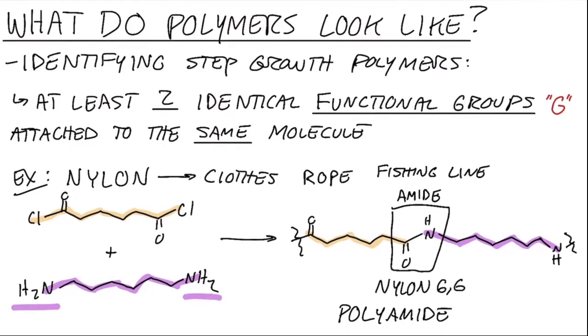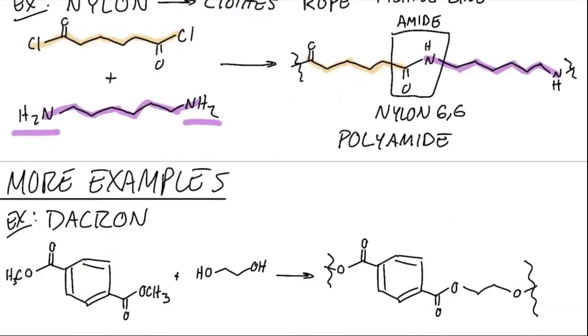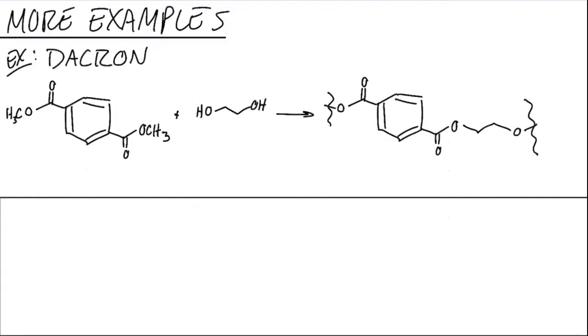Let's look at a couple of other examples that are going to be step growth polymerizations. So this one is called Dacron. And I had never really even heard of Dacron, but when you hear the more polymer focused name, it'll probably ring more of a bell. So on this one, we have some slightly different functional groups to contend with here.